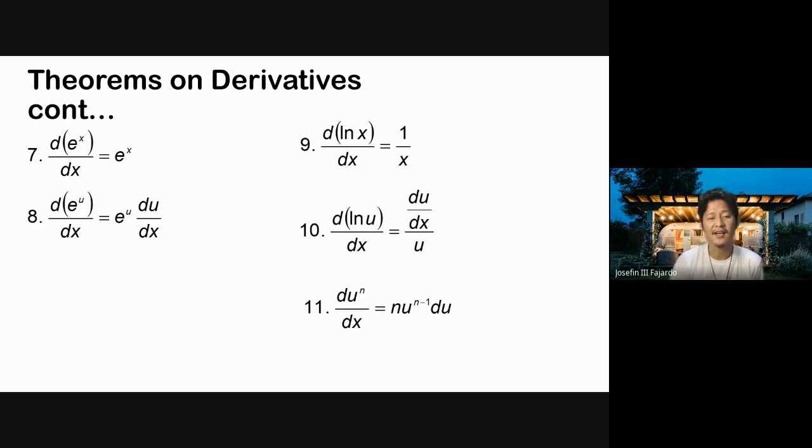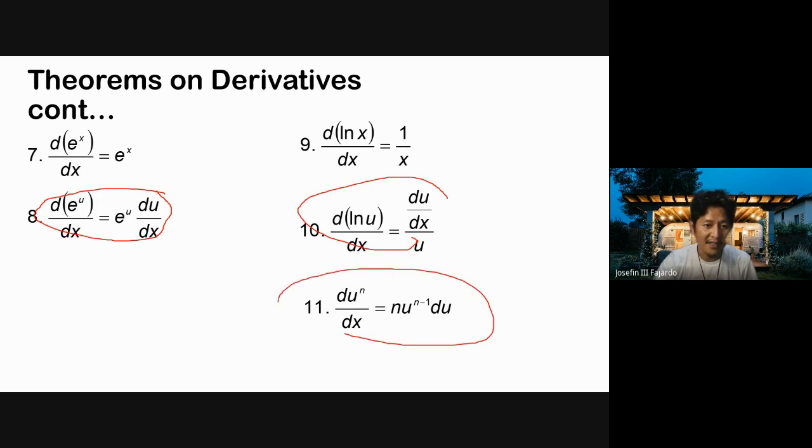Hindi lang siya based on the power formula. This is also a chain rule, part of chain rule ito. Same thing with this. Isa mga example ng chain rule to. Kaya tawag namin dito is generalized power formula.